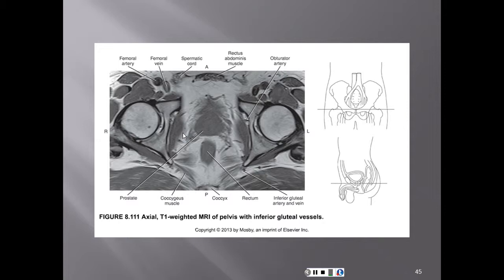Branches of the external iliac artery include the inferior epigastric artery. This artery is a recurrent artery that actually travels up the rectus abdominis, which supplies blood to the muscles and skin of the anterior abdominal wall, and the deep circumflex iliac artery.